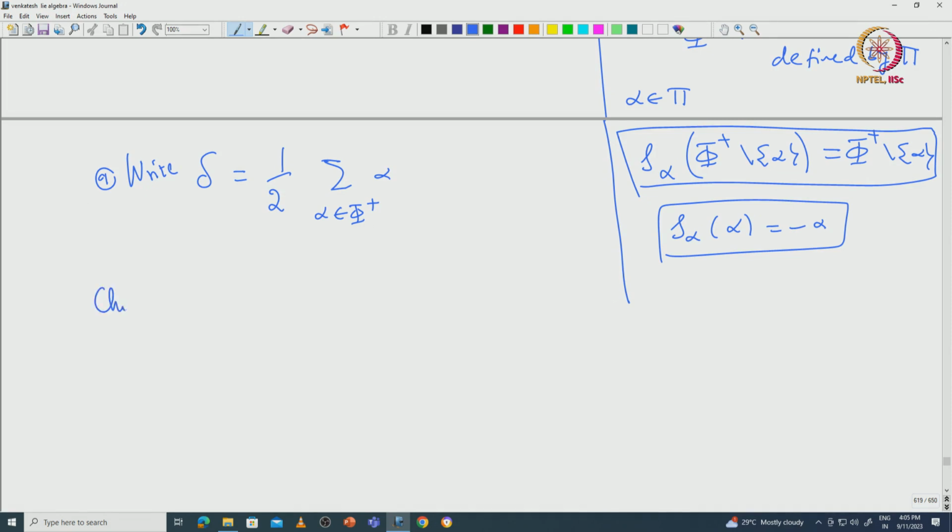Choose sigma coming from W dash such that the inner product of sigma gamma with delta is maximum possible.